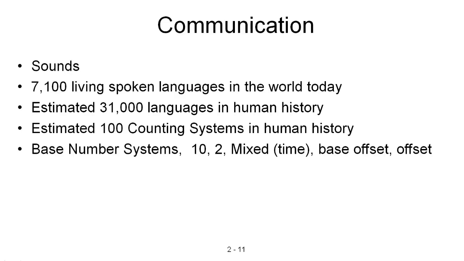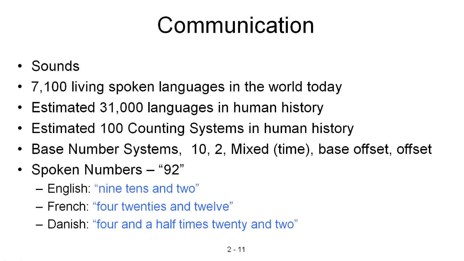So we have bases of 10, 2, mixed bases of time, so 7 days a week, 60 seconds, and so on. And then we have a base offset from some value, and then we have an offset from that. This is in our computer systems mainly.